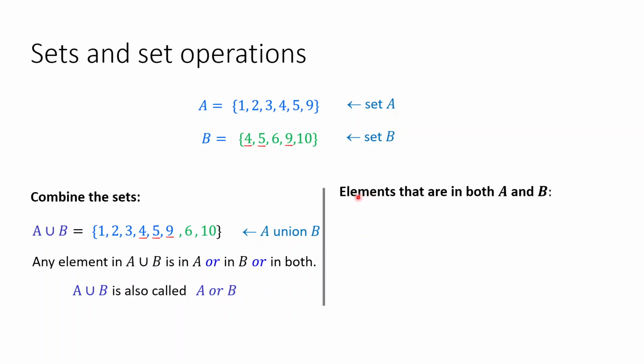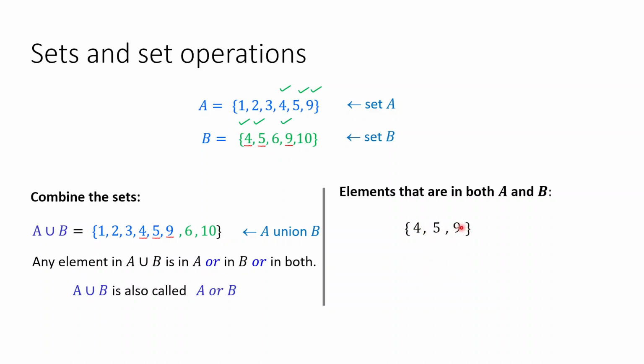Next, I am taking the elements that are in both A and B. This 4 is here and here, comma. This 5 is here and here. This 9 is here and here.